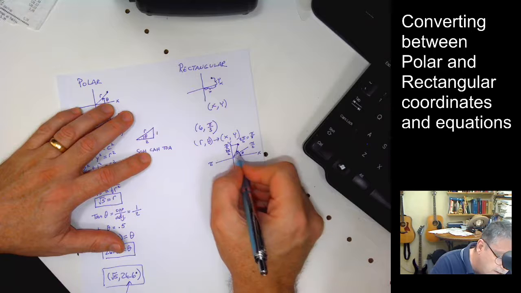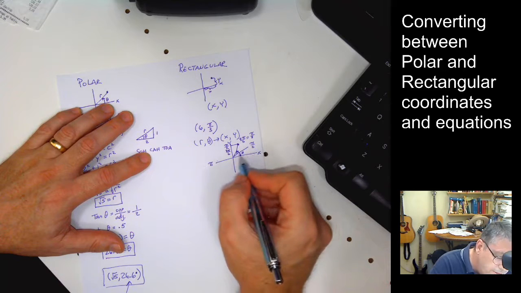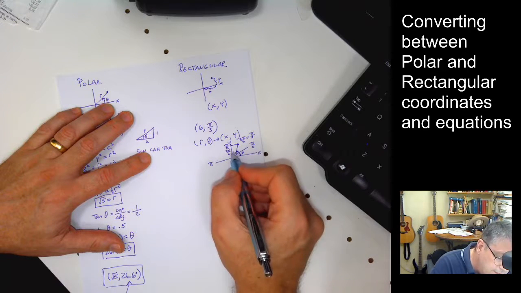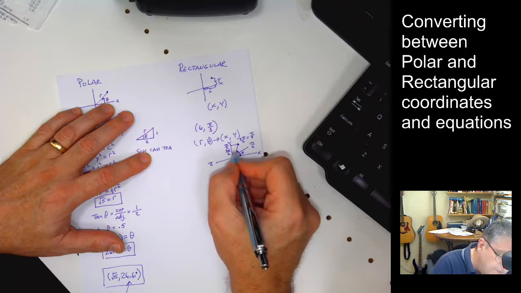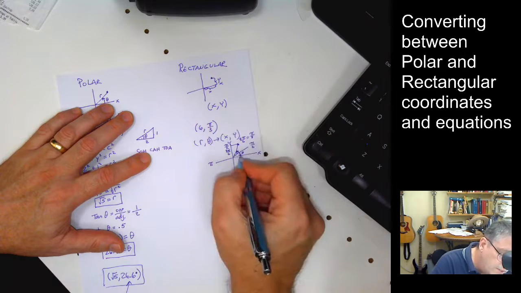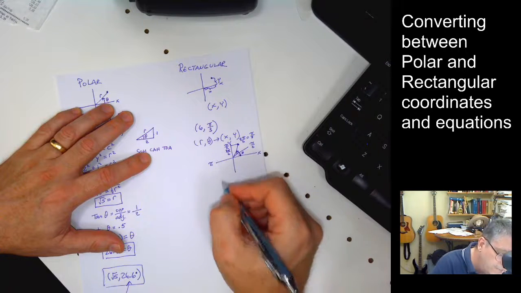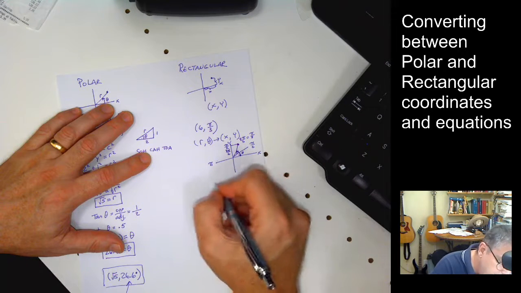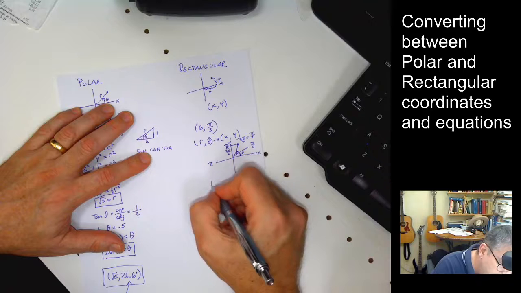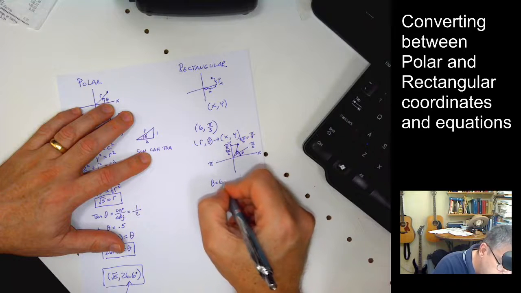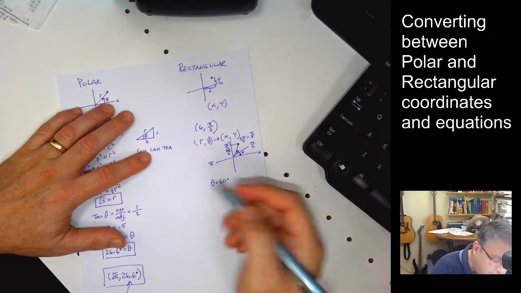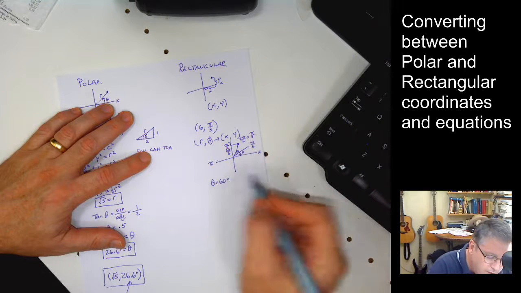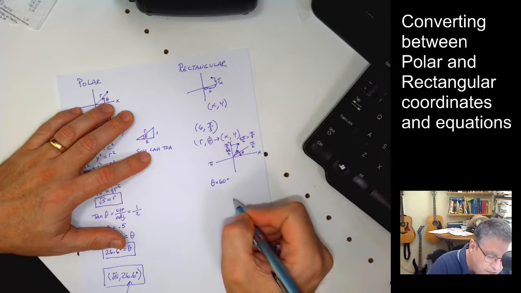But we're working with theta right now. So this is a 30, 60, 90, and this is a 30, 60, 90 when it comes up the other way. So that has to be a 60-degree angle. So we know that theta equals 60 degrees. You don't have to do that, because you could just work in radians.